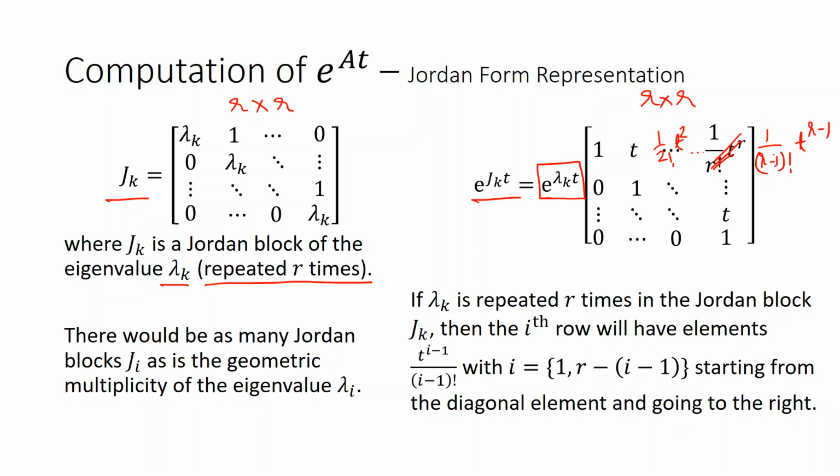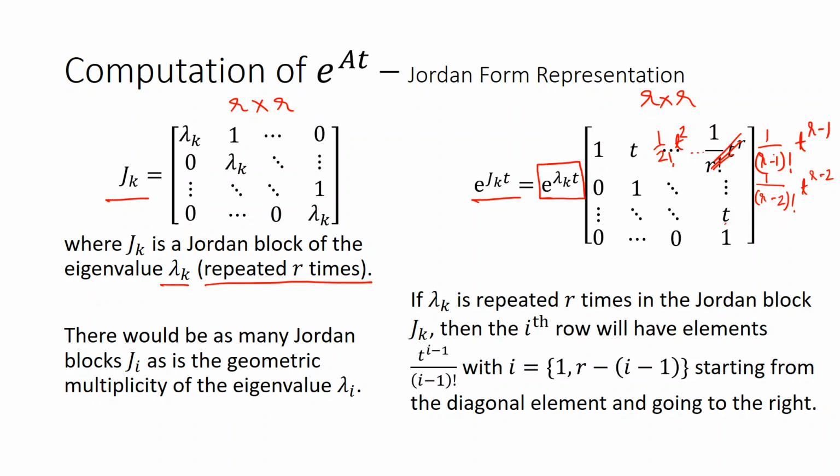So you go till here, and in the next row, this entire thing is getting shifted to the right. So your last term would be basically t to the power of r minus 2 by r minus 2 factorial, and this is getting shifted and a 0 is getting added on the left. As you go downwards, more zeros are getting added to the left and the entire thing is getting shifted.